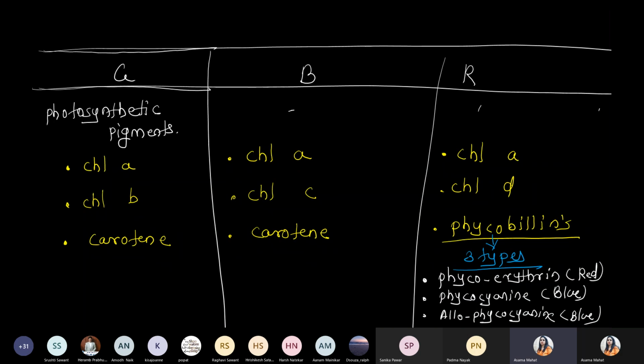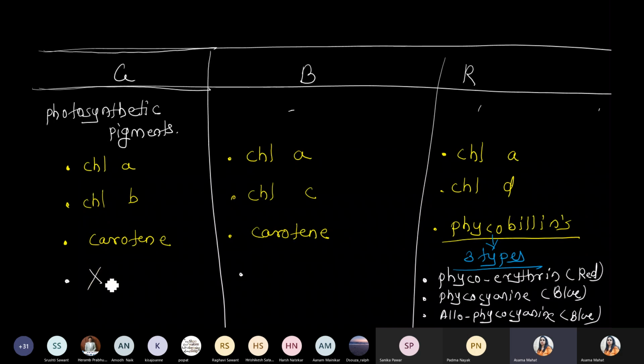Now the next pigment we are talking about is with respect to green and brown algae. In this case, along with carotene, there is a presence of one other molecule, that is xanthophyll.